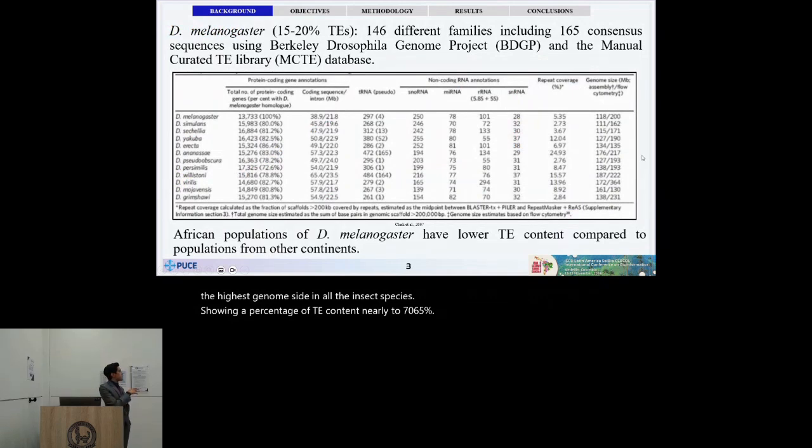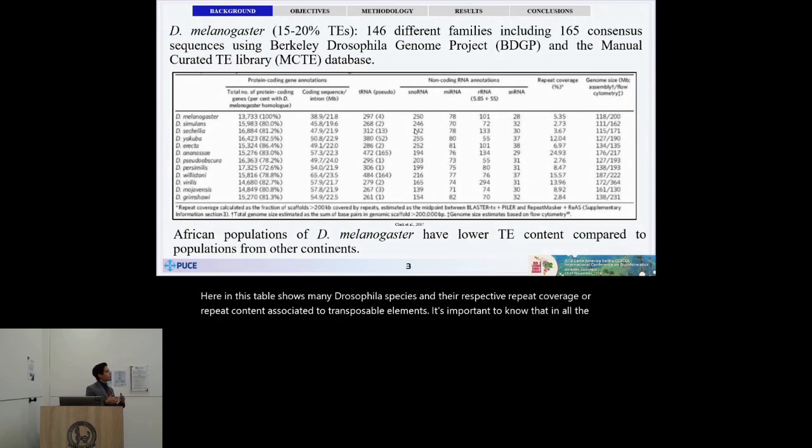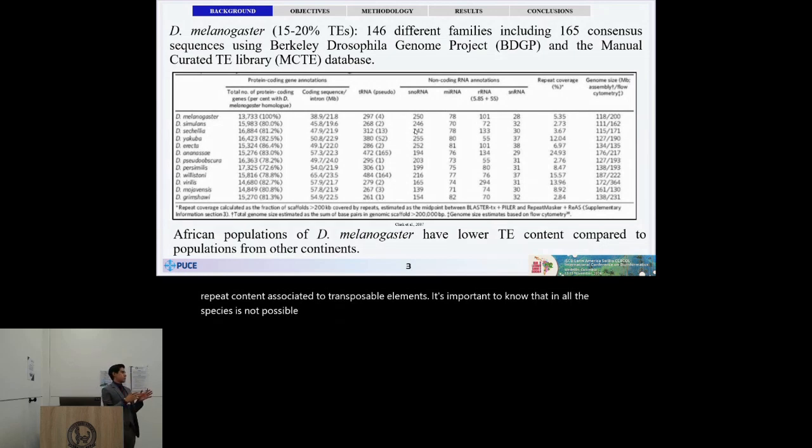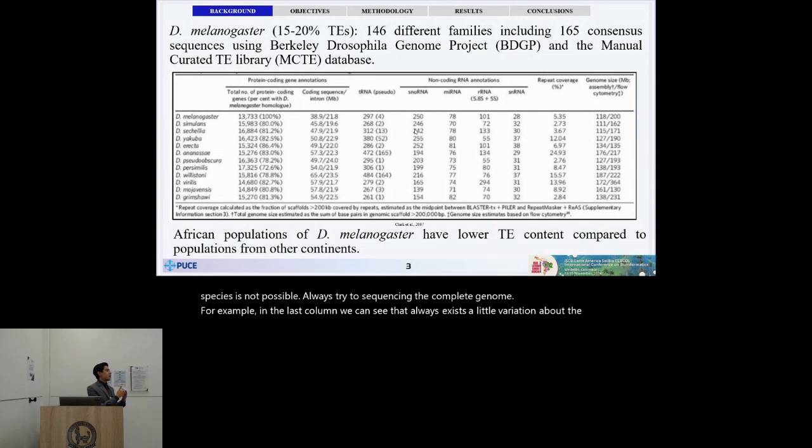This table shows many Drosophila species and the respective repeat coverage, or repeat content, associated with transposable elements. It's important to know that in all species, it's not always possible to sequence the complete genome. For example, in the last column, we can see there is always a little variation between the assembled genome and the genome size estimated through flow cytometry.